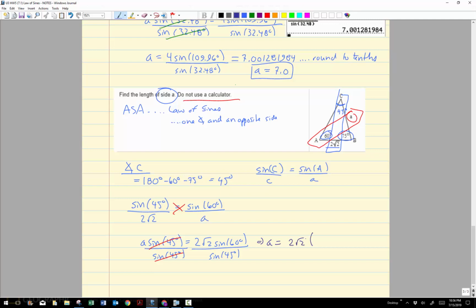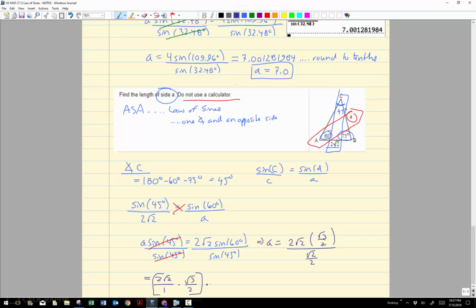The sine of 60 degrees is square root of 3 over 2, and the sine of 45 degrees is the square root of 2 over 2. So we have a lot of fractions here, so let's go ahead and rewrite. This would be 2 root 2 over 1, times the square root of 3 over 2. So that's that entire numerator.